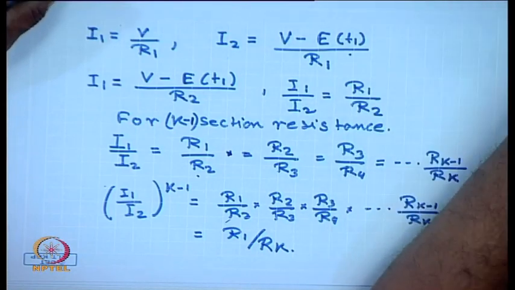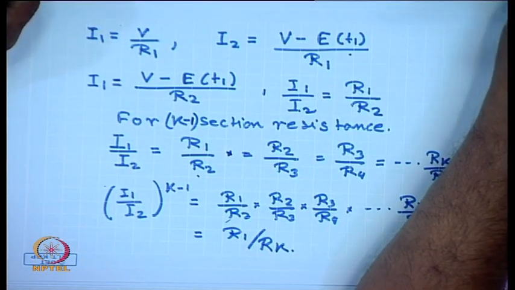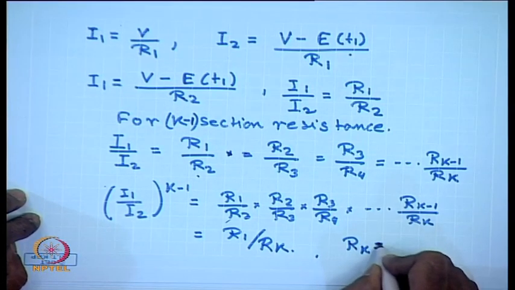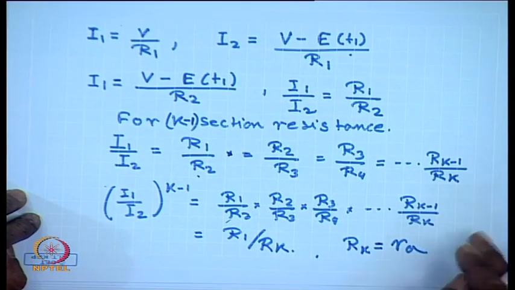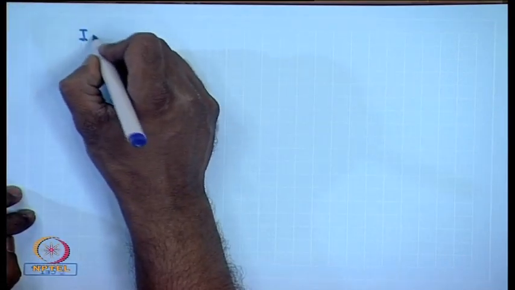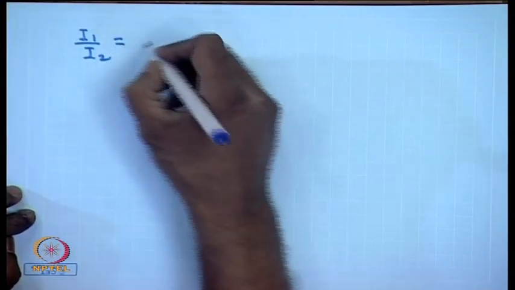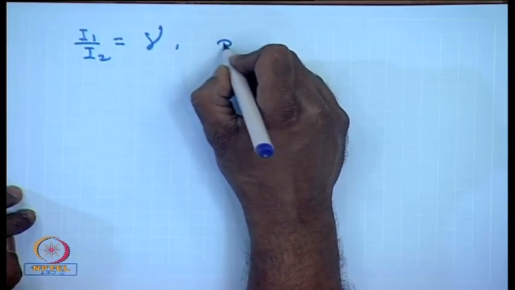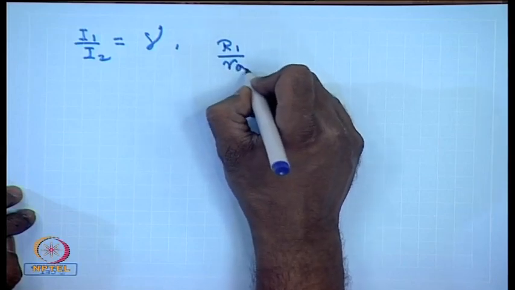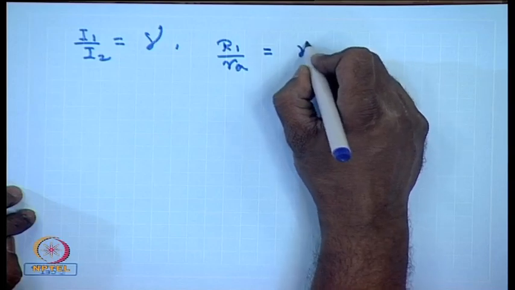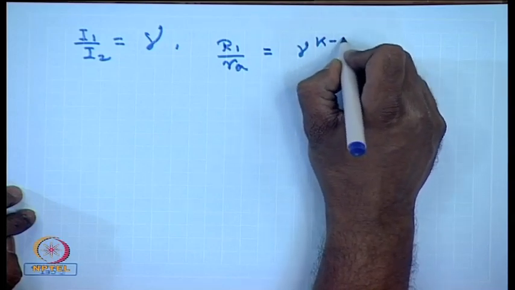So, if there are k minus 1 external sections, then R_k is the last resistance, that is equal to Ra. So, we define I1 by I2 equal to some gamma, then R1 by Ra equal to gamma to the power k minus 1.